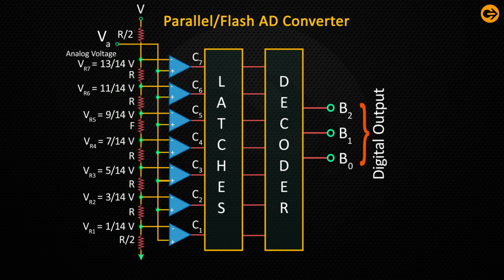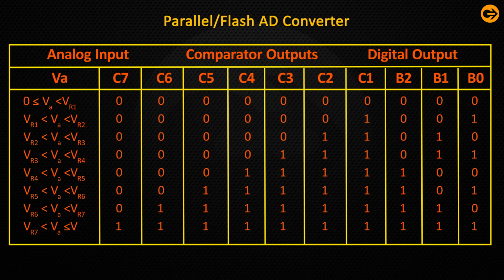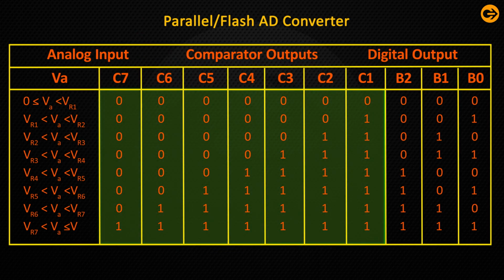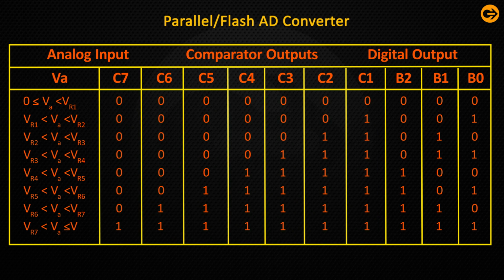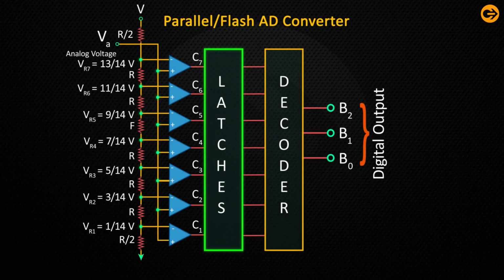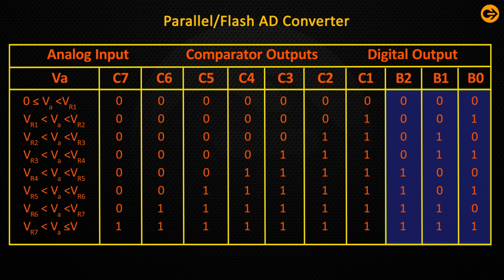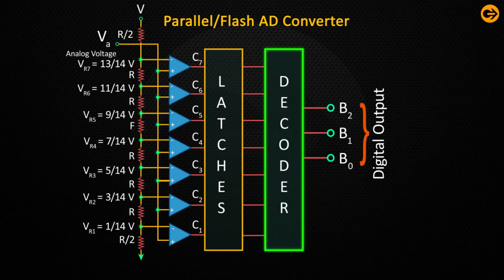The voltage VA is compared simultaneously with the reference voltages using comparators. A 7-bit output is obtained from the comparators and stored in the latches. This 7-bit signal is converted to a 3-bit output using a decoder circuit.